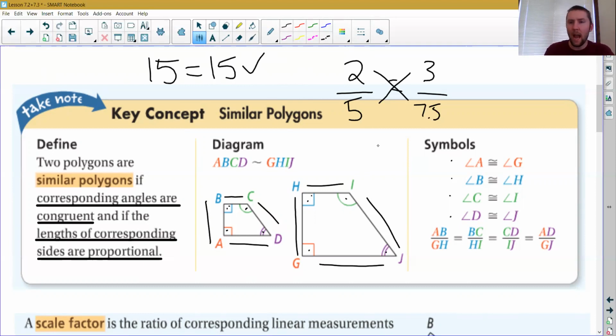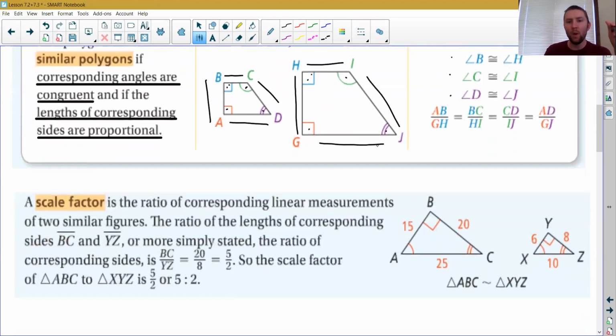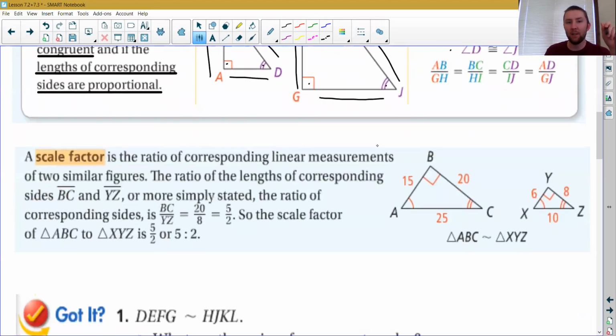Now, once we have polygons that are similar, because we know their angles are congruent, we know the lengths of all their sides make equal ratios, we can find what we call the scale factor. Okay, the scale factor for the similar figures is basically a simplified ratio of the side lengths. Okay, so you can pick any pair of side lengths as long as they sort of match up in the shapes.